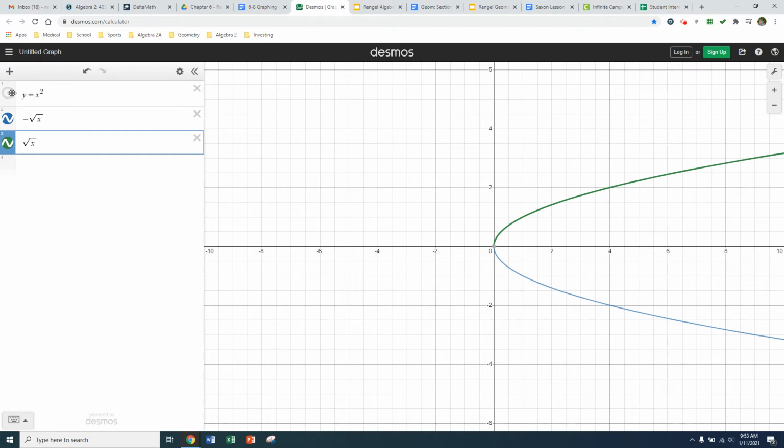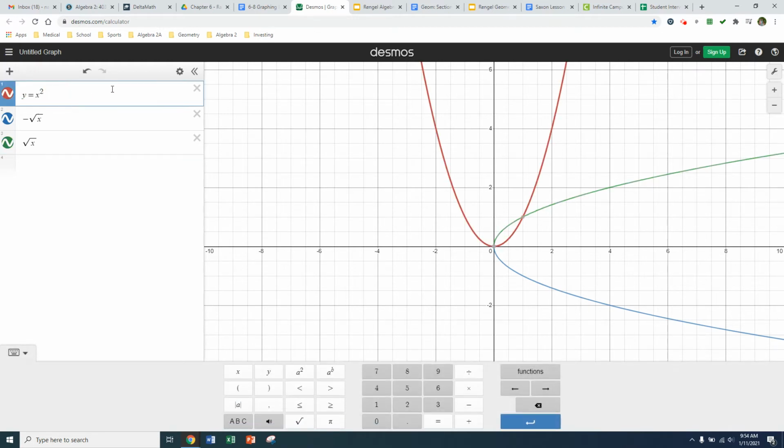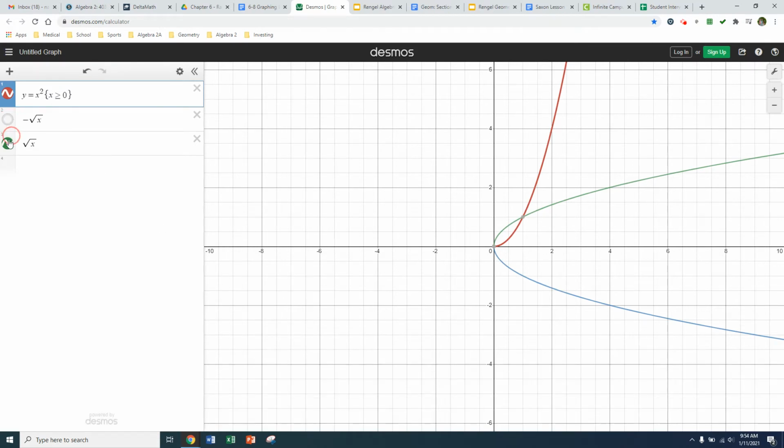So what happens is in the x squared function we have to limit the function's domain. To do that, we only use x values that are greater than or equal to 0.